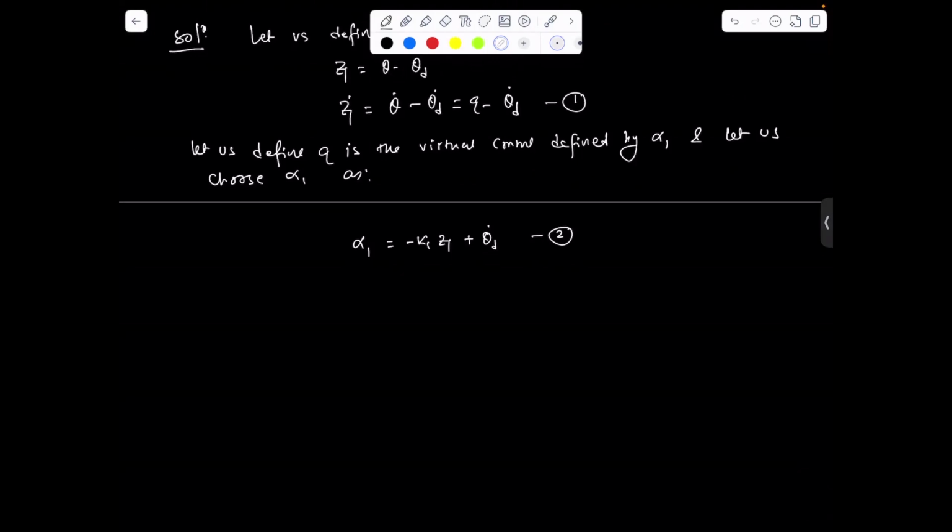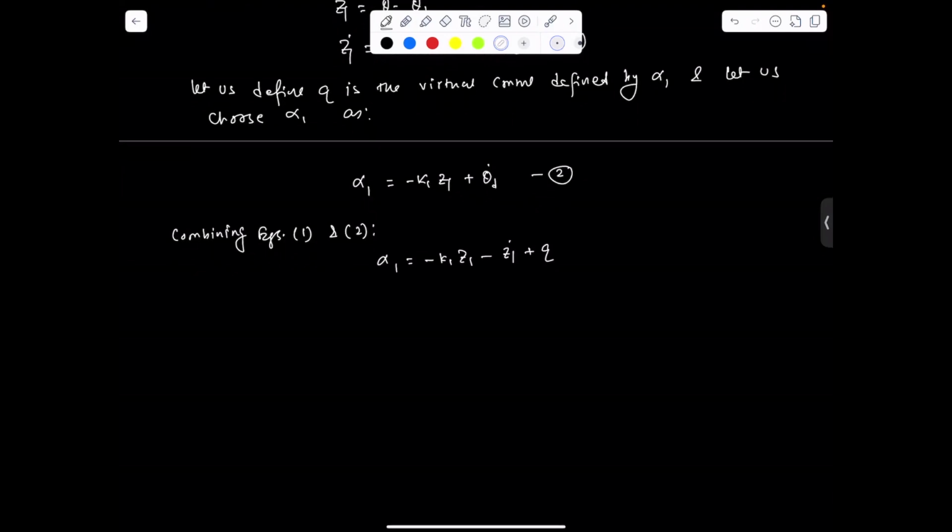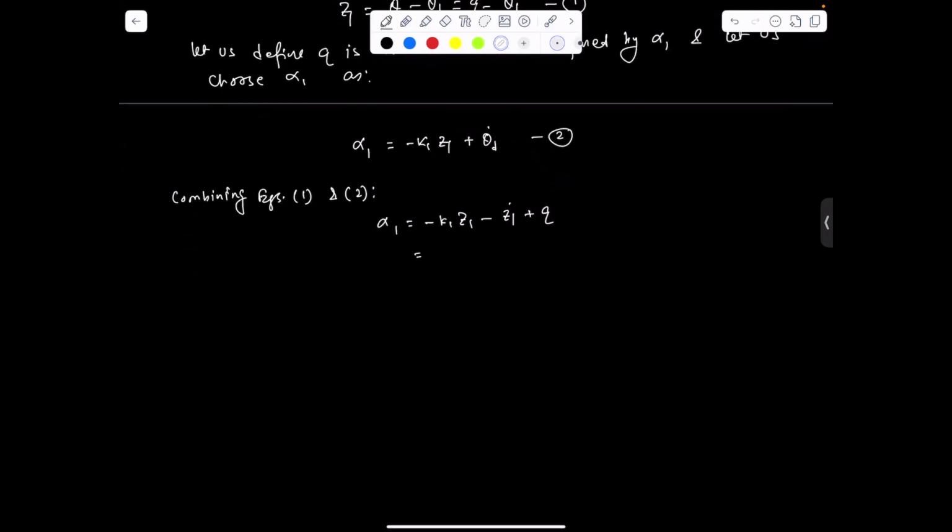Now combining equations 1 and 2, we can write z1 dot equals minus k1 z1 plus q minus alpha 1.